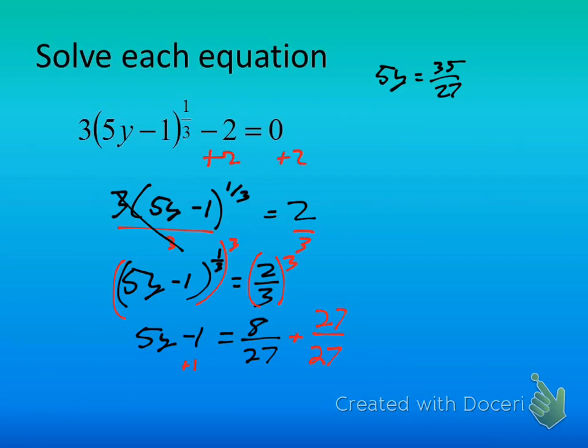What's your next step? Divide by 5. Now, say it a different way. Instead of dividing by 5, we could multiply by what?